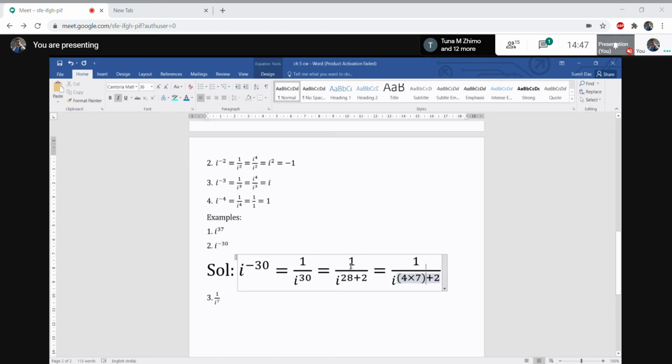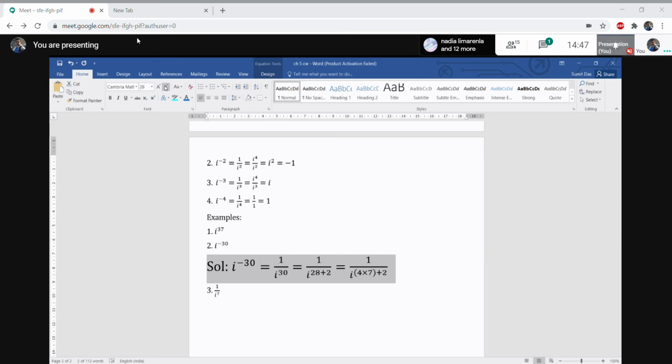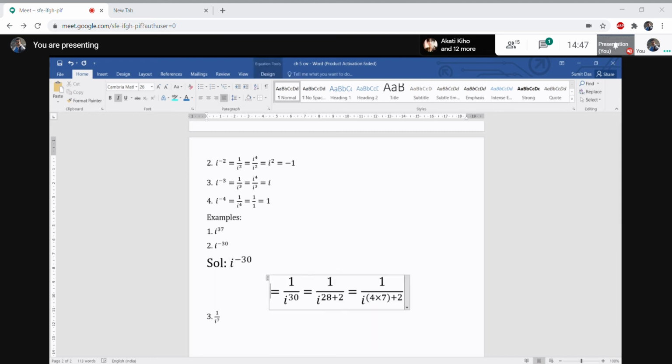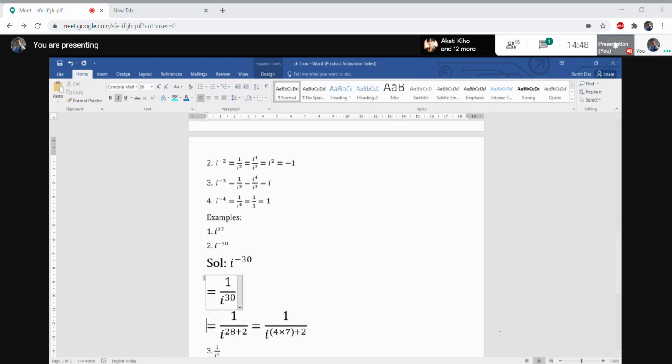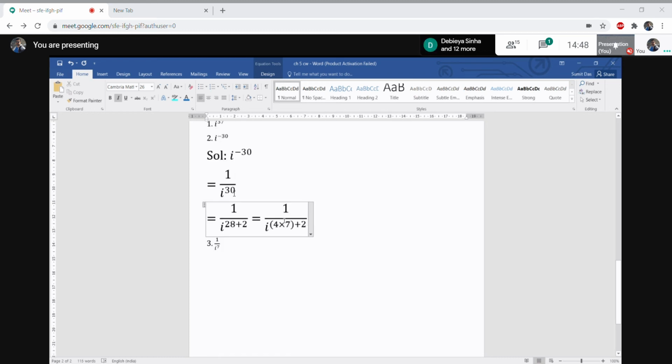I'm writing 28 equal to 4 into 7. Next, this 4 into 7, can I write like this?